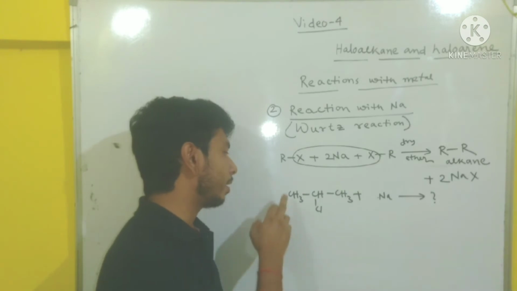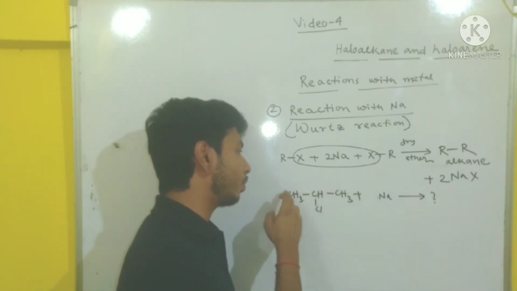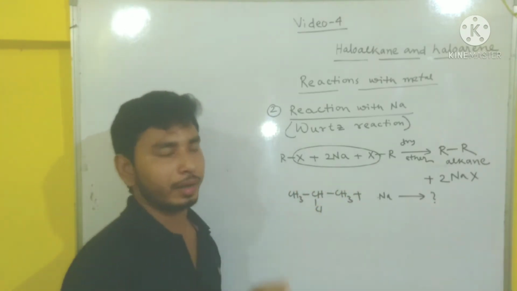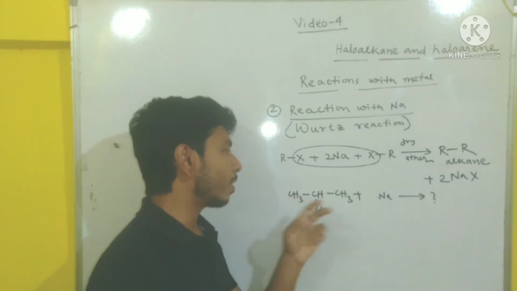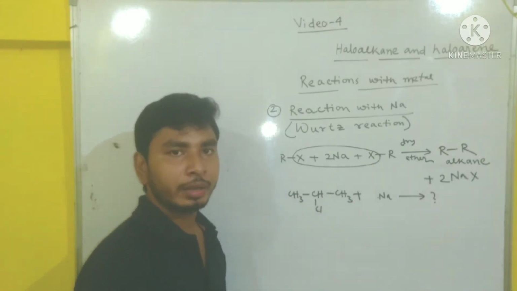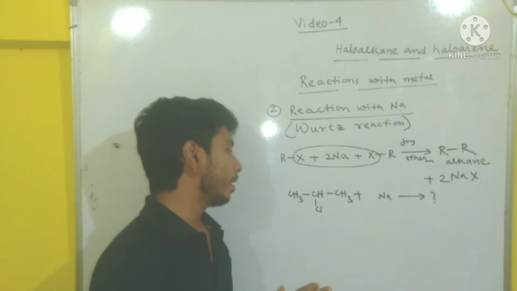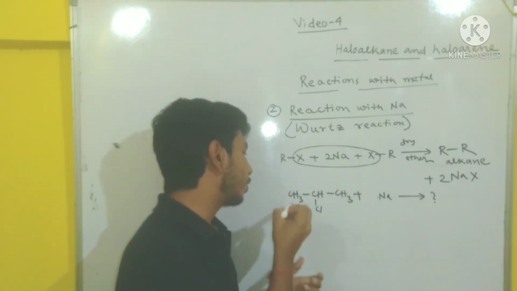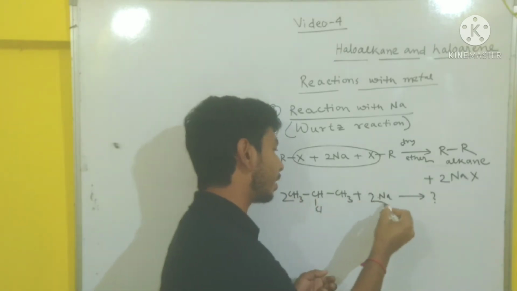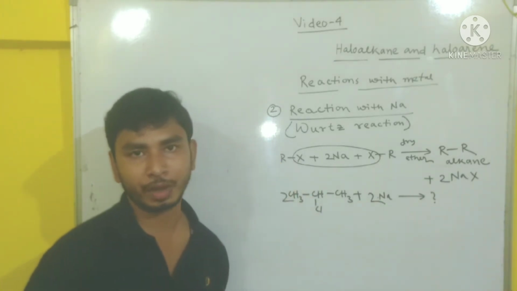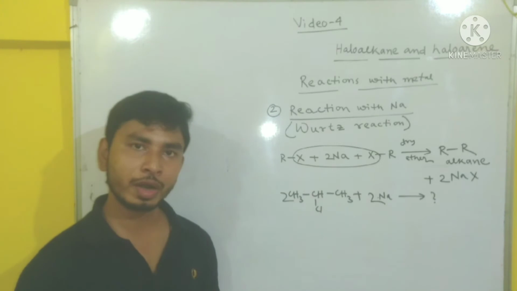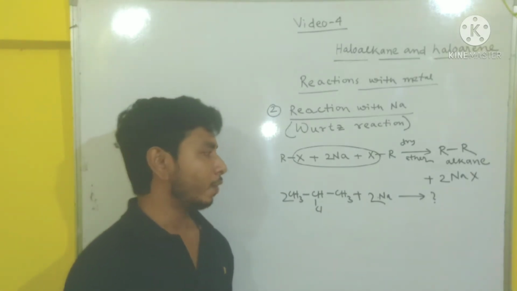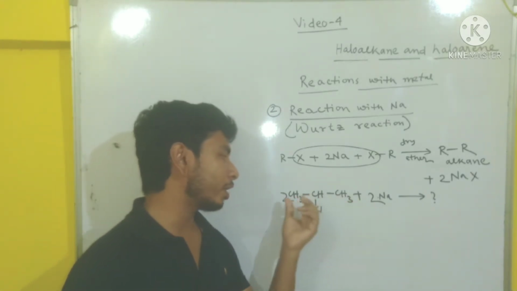In the question paper, the coefficient 2 can be omitted. So if the 2 is not written in the question paper, you still have to understand that in this reaction we need 2 equivalent. We have to do the reaction by considering 2, either the 2 is written in the question or not. We have to write the product by considering the 2.